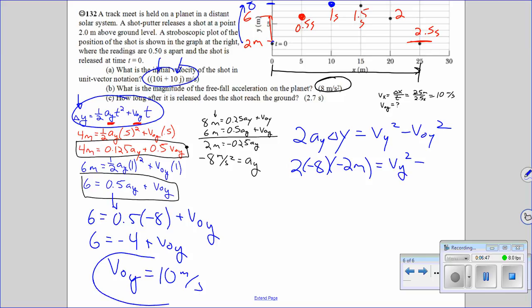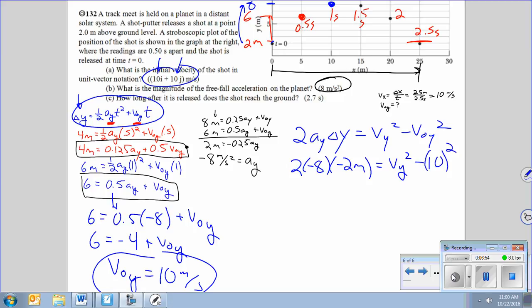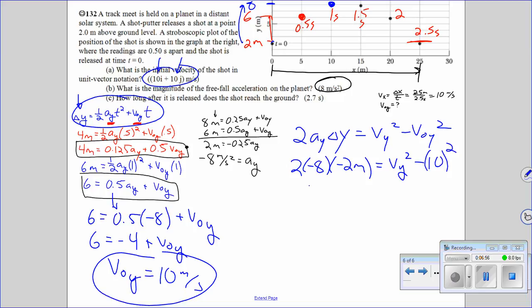We found V0y before. That was 10, right? Let's solve that. If you solve that, you get Vy equals 11.4891, and so on. Again, I'm hanging on to extra digits so we can round later.